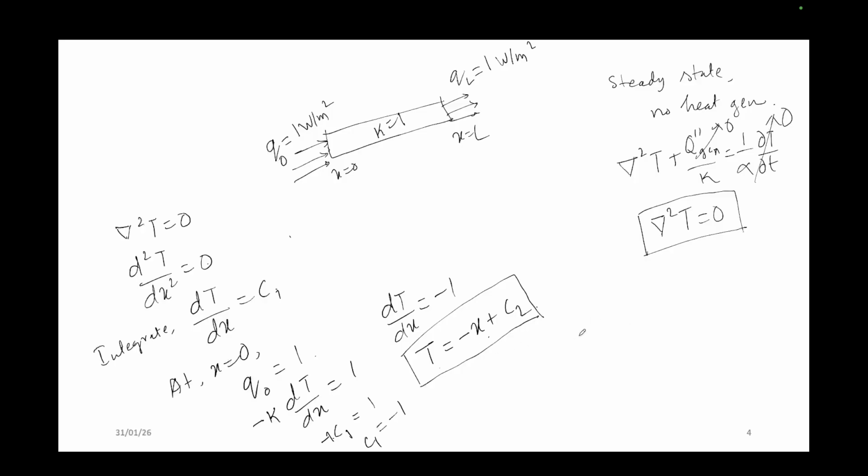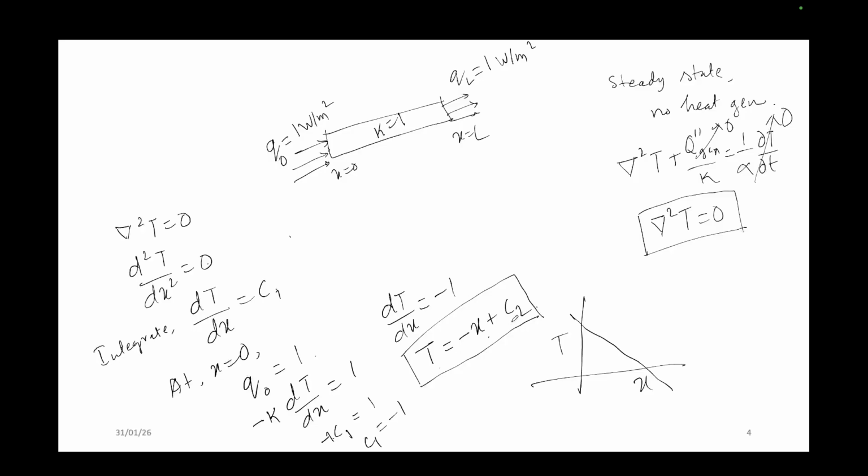So in the GATE question, up to this, they can ask what is the slope of this graph. Say if it is T, it is x. So how will this graph look? A negative slope. So similar types of questions can be asked in the exam.